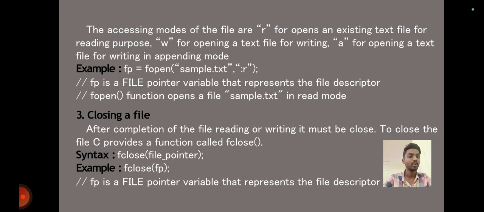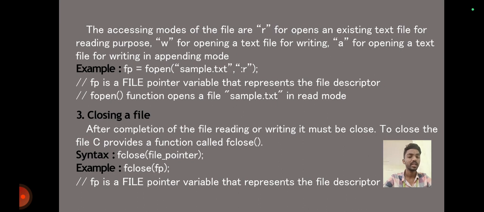The accessing modes of the file are: r opens an existing text file for reading purpose, w opens a text file for writing, a opens a text file for writing in appending mode. Example: fp = fopen("sample.txt", "r"). Here fp is a pointer variable that represents the file descriptor. The fopen function opens the file sample.txt in read mode.